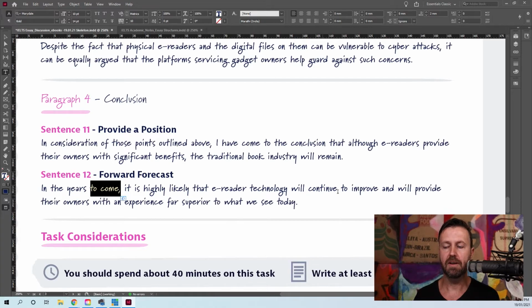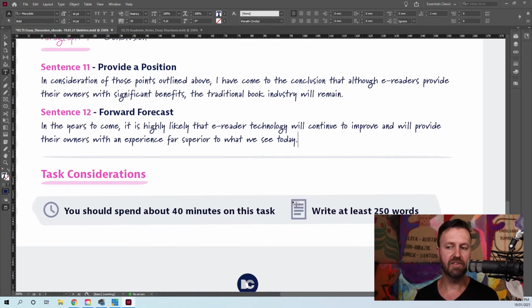Cool. All right, so that's the end of the essay. We're finished. Just to reiterate, we're given 1 hour in the IELTS exam to write 2 pieces of writing. We are going to spend approximately 40 minutes on this essay and 20 minutes on the Task 1 exercise.